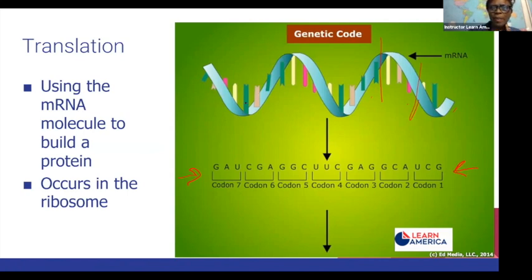So each base along here represents one of these letters. So the first three bases here, 1, 2, 3, could be G, C, U. The next three, 1, 2, 3, could be A, C, G, and so forth.